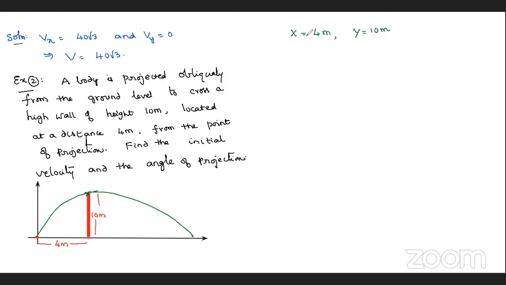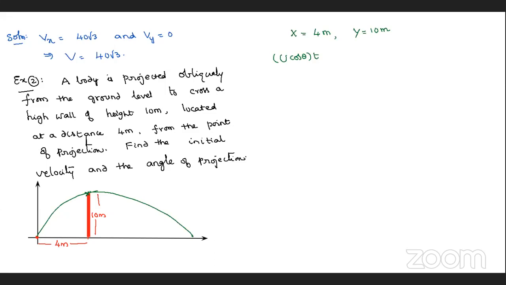So for x and y, try to recollect yesterday's concept. X is nothing but u cos theta into t. By finding the hypotenuse you can't calculate anything.